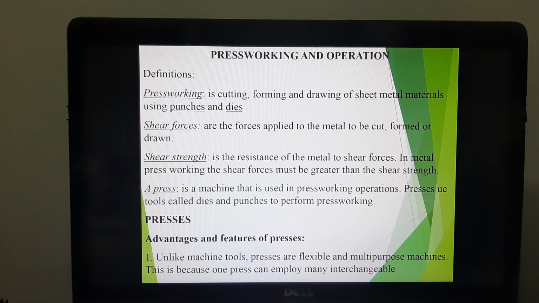You see these words repeating again and again: cutting, drawing, forming. These are the key words. You've seen them in hot working, in cold working, and in metal cutting.